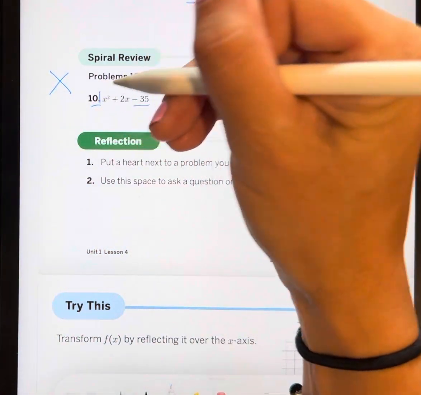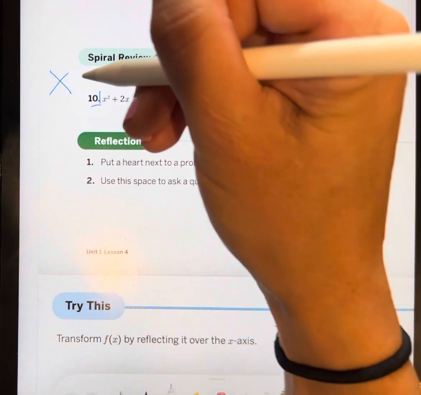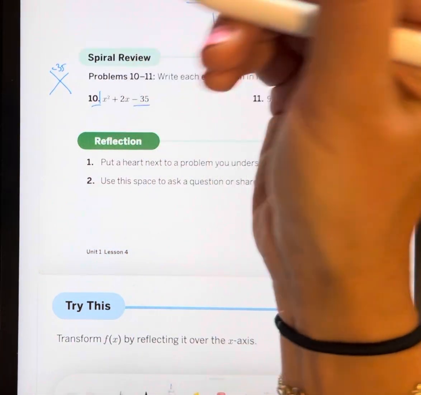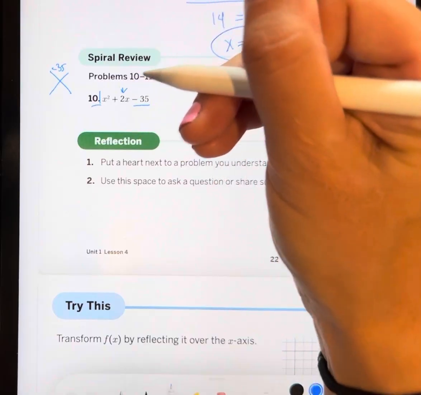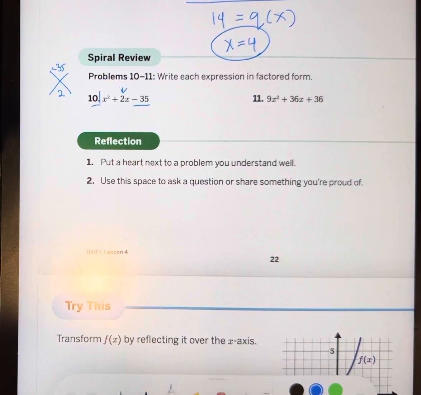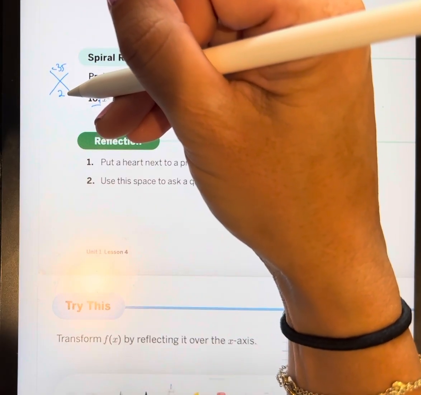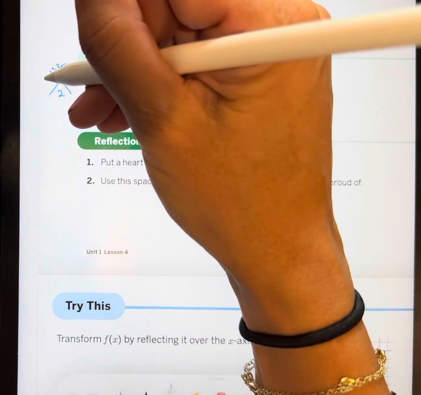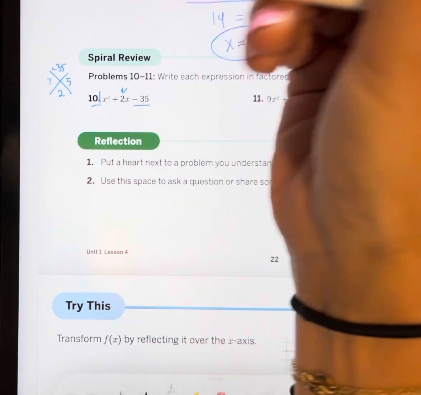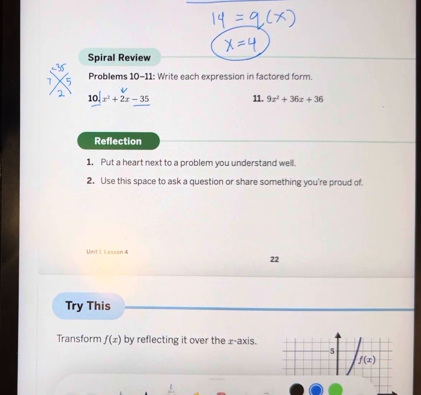Okay, so what I do is I take the last number times the first number. So this is a 1 times negative 35, and I put that at top. And then I put the middle number on the bottom, that's a 2. Now I'm looking for two numbers that can multiply to make me 35, add or subtract to make me 2. And that's 7 and 5. Because 7 minus 5 is 2 and 7 times 5 is 35. However, the signs do matter.